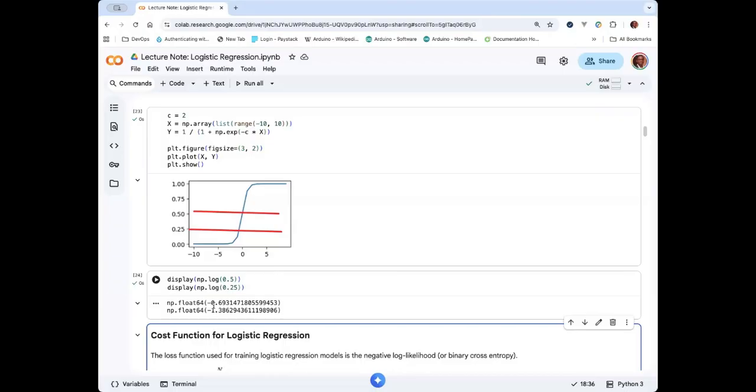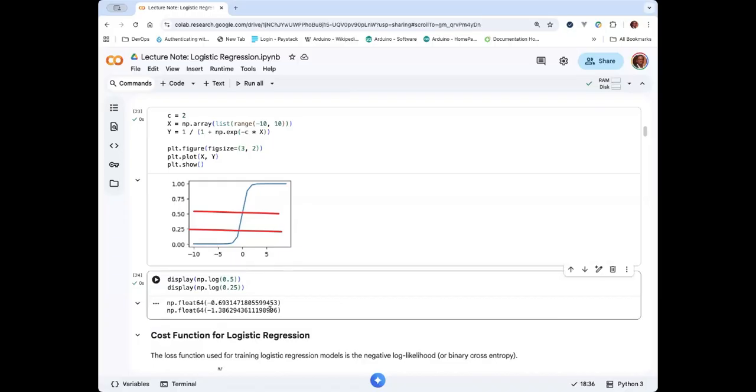But if we were just taking the actual log without negating it, it will appear as if this one, minus 1.38, is smaller in value, because a high negative number is smaller in value than a low negative number. So that's not what we want. We actually want the one that corresponds to 0.25 to be a higher value, because 0.25 is further away from 1.